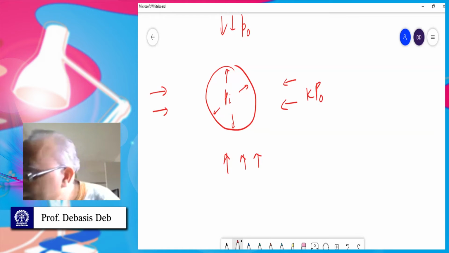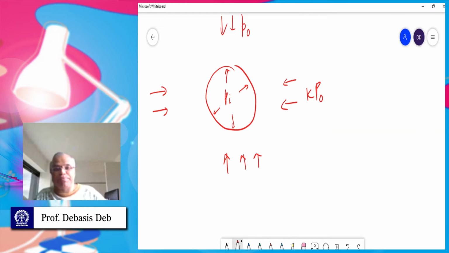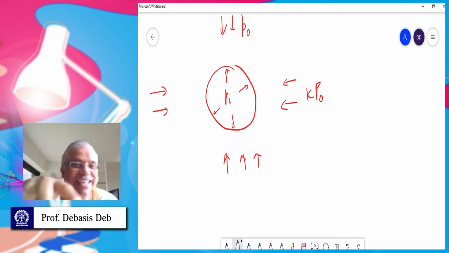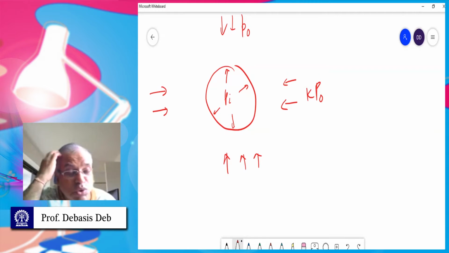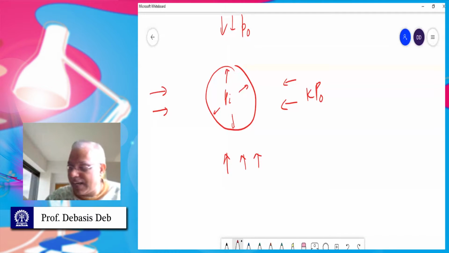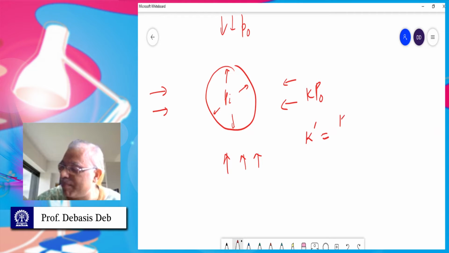Now, what I'm going to do today is first to solve a problem so that you understand the effect of that. You remember that if there is a Pi, then there is an effective K dash which becomes Kp naught minus Pi by P naught minus Pi.